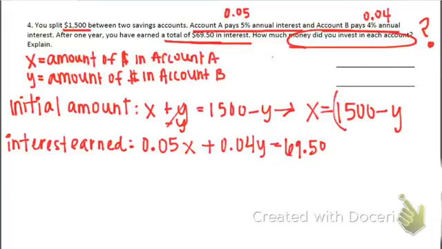When you are substituting that value in for X, the whole thing stays in parentheses because it's one value, right? So make sure that you put parentheses around the 1,500 minus Y when you plug it in for X. So it looks like you might have to use the distributive property. Okay? So I want you guys to work on this just for a few minutes. I already got you started.